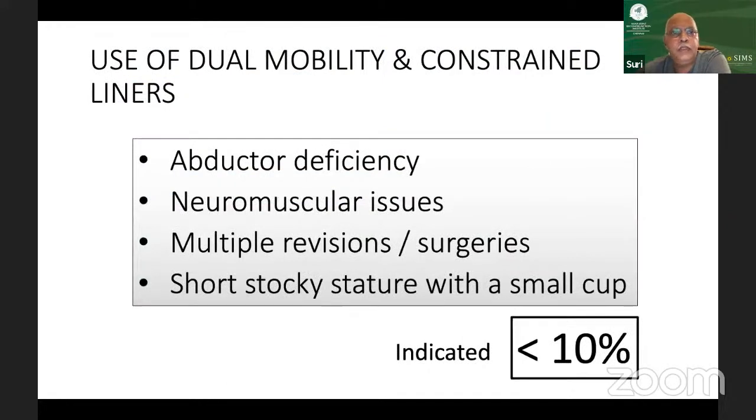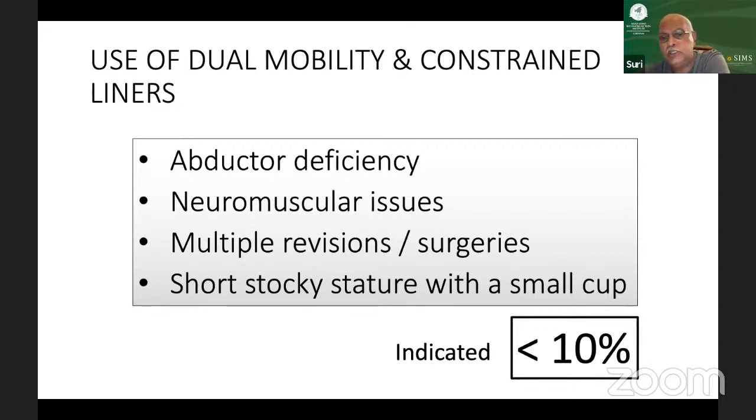So where are we now with regard to use of dual mobility and constrained liners? The most important indications, as I would see, are abductor deficiency and revisions, neuromuscular issues in primary situations, and multiply operated revisions and surgeries where, because of the bone loss, your cup size is larger and then you cannot use more than 36. I think dual mobility is a good solution to this.